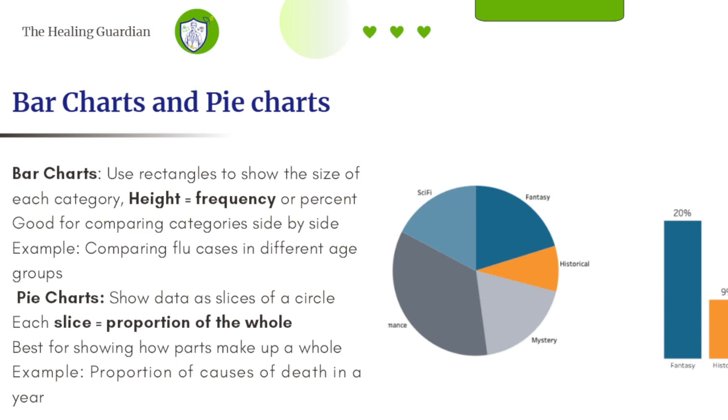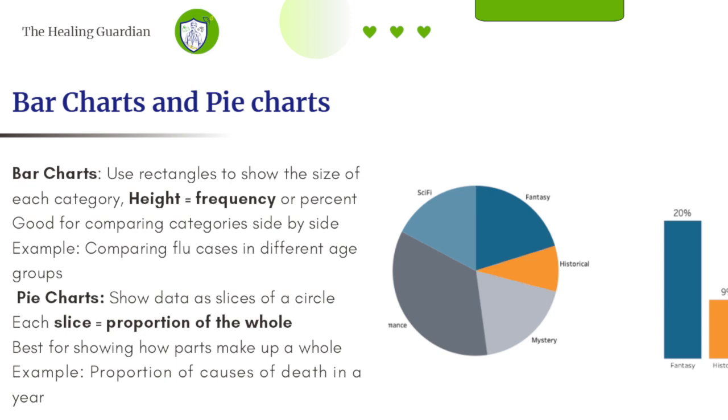To start with, we can talk of bar charts and pie charts. In a bar chart, we use rectangles to show the size of each category, where the height shows the frequency of that category, and it is good for comparing categories side by side. Its unique quality is that the bars have to be independent.